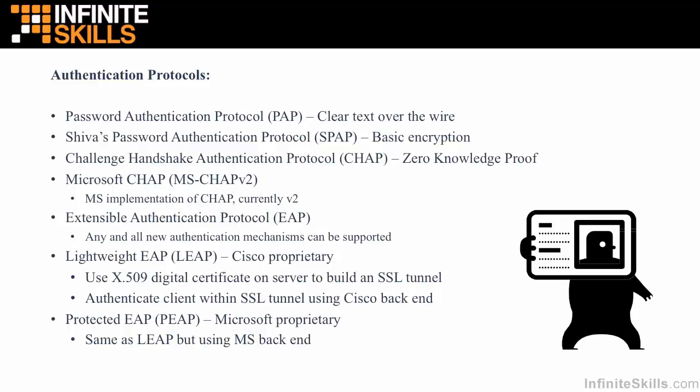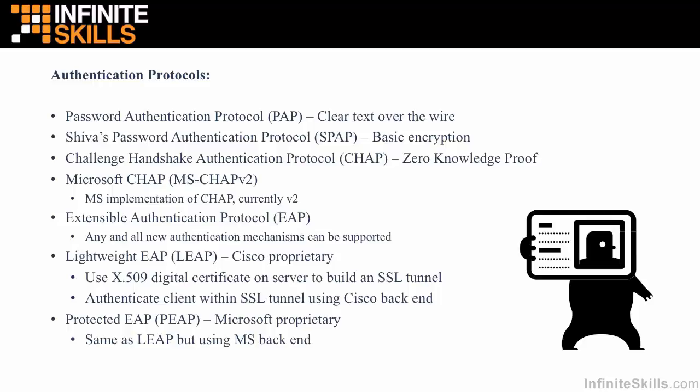The open standard of CHAP supported PAP, SPAP, CHAP, and basic authentication, which is clear text, similar to password authentication protocol. But once digital certificates got involved, MS-CHAP couldn't support those. They didn't want to have to rewrite the whole authentication scheme of MS-CHAP, so they added an enhancement called the Extensible Authentication Protocol.